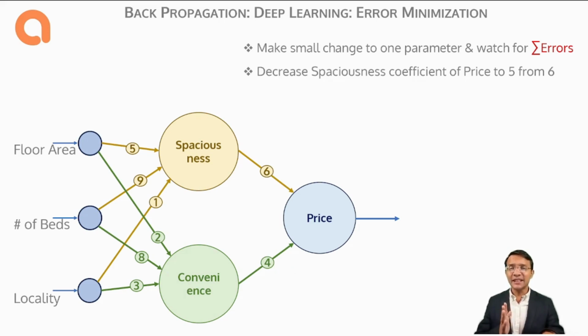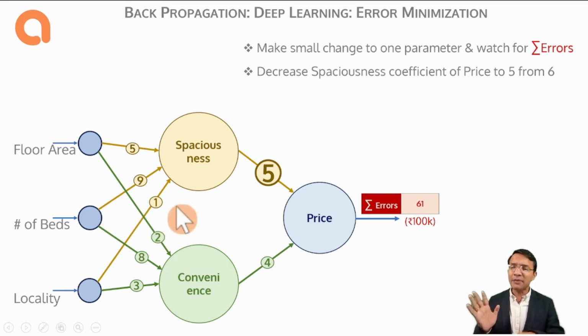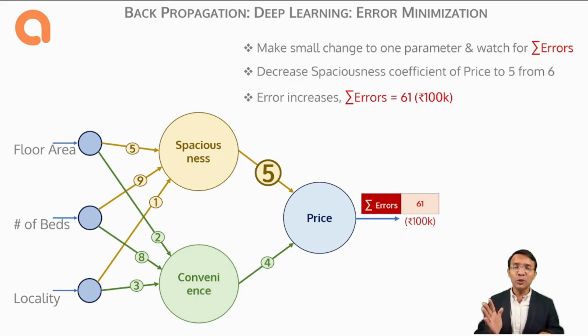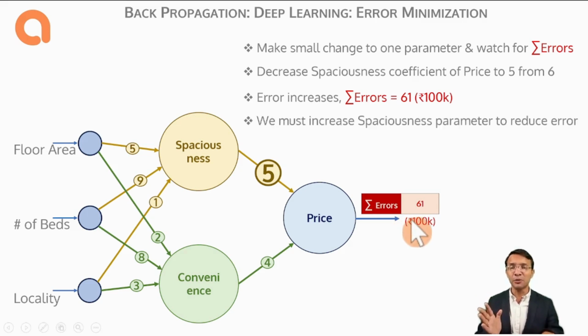Let us decrease this thing from 6 to 5. And if we do the same calculations for all the 3 houses with this changed parameter, we see that our error has now increased to 6,100,000 rupees from 49,100,000 rupees.